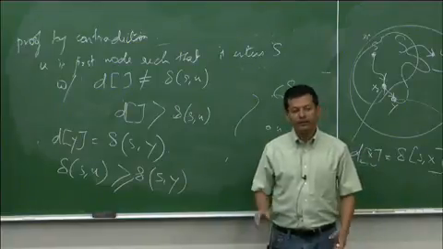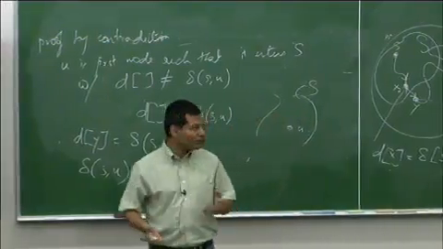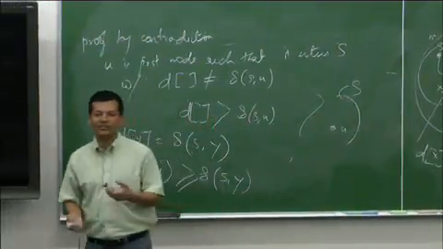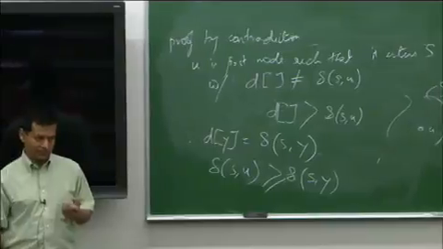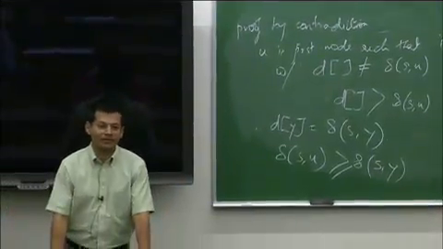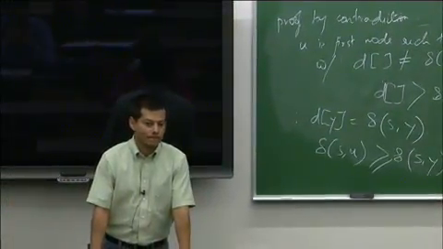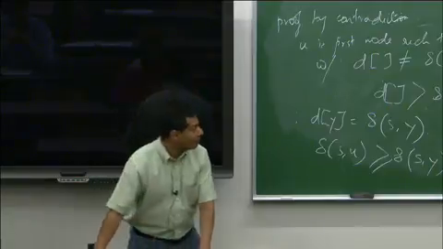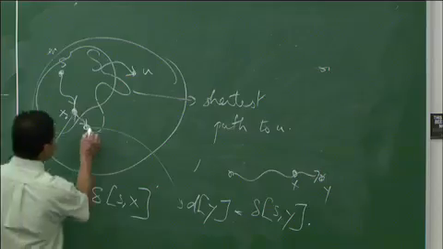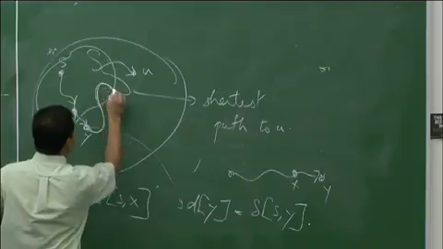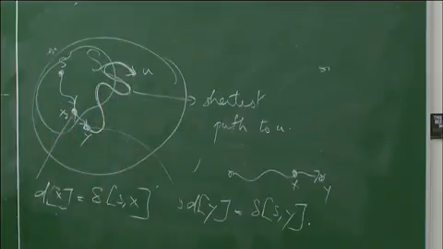Okay? The problem with Dijkstra is as soon as you have an edge which is negative weighted, this proof falls apart. Assume that everybody from here onwards were all negative edges. By negative edge, I mean an edge with a negative weight.